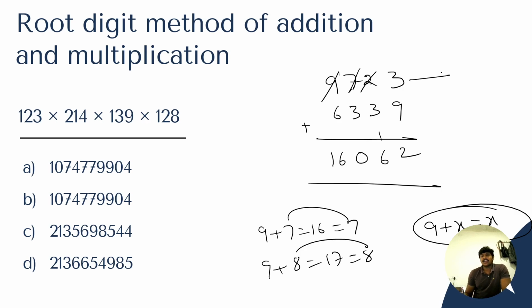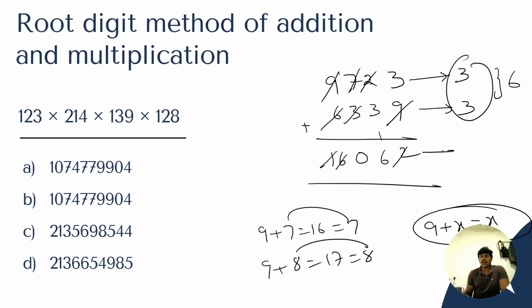So even if you add at the end, you are going to get 3 only. Check here: 9 plus 7, 16. 16 plus 2, 18. 18 plus 3, 21. 2 plus 1, 3. The same answer. Again, 9 ignore. 6, 3 ignore. The final answer is going to be 3. Simple as that. Now 6, 1, 2 ignore. See here, 3 plus 3 is 6. Whichever option is having 6 as the answer, that is going to be your final answer.